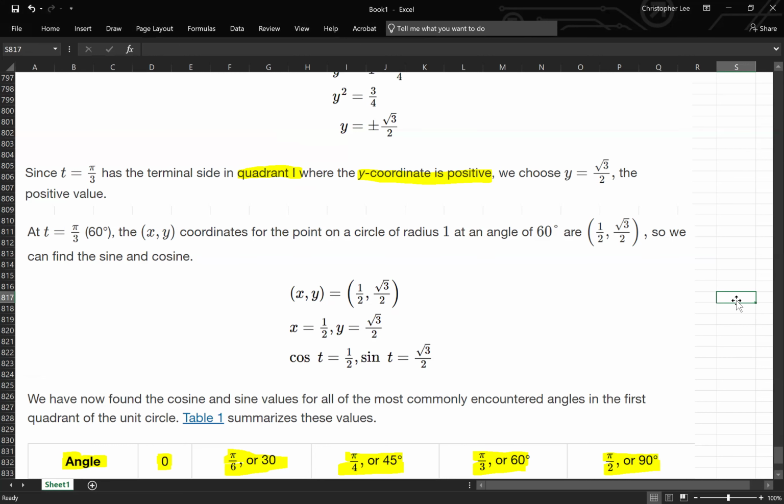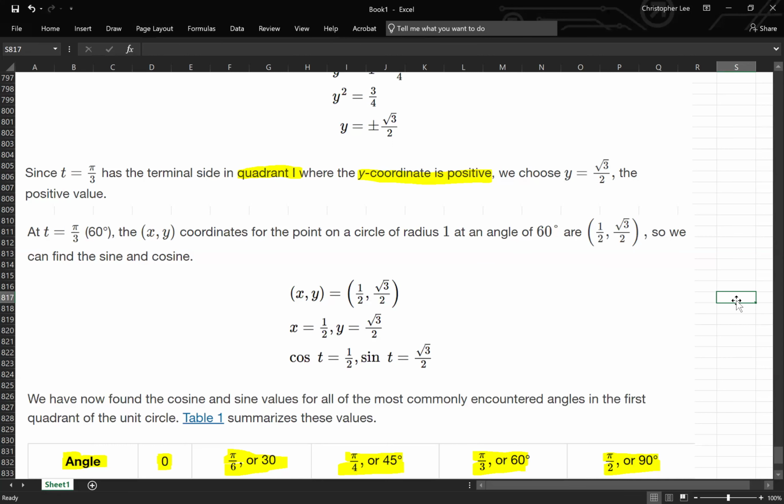So we can find the sine and the cosine. Remember, they gave us the x and the y here. So x comma y is equal to 1/2, square root 3/2. And we have x is equal to 1/2, y is equal to radical 3/2.